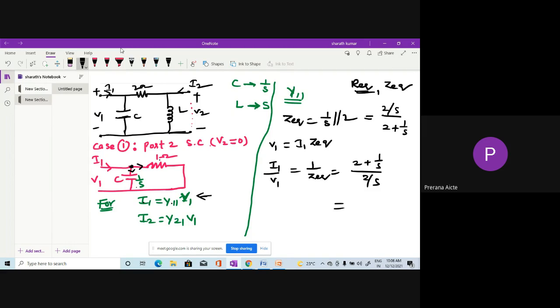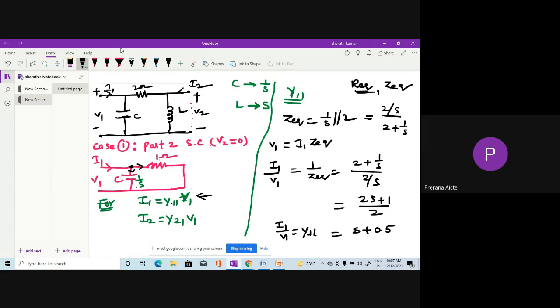If you simplify this in a simple manner, 2s plus 1 divided by 2s, the s is getting cancelled out. You will get 1 here, and in a simple manner again, the 2 is getting cancelled, yes, plus 1 by 2 means 0.5.